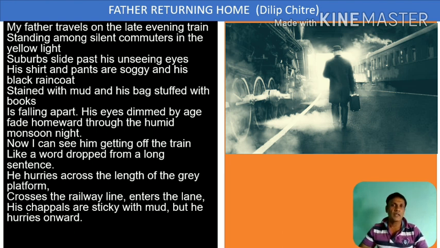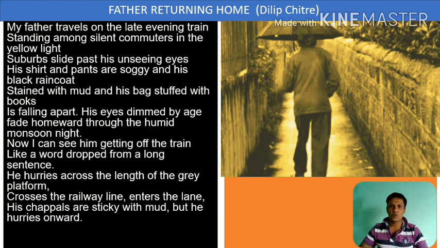His father's eyesight is not so good. To his weak eyesight, to his low vision, the platform looks to be grey. It seems to be grey. Here the poet wants to suggest the old age of his father, and the father hurries home.